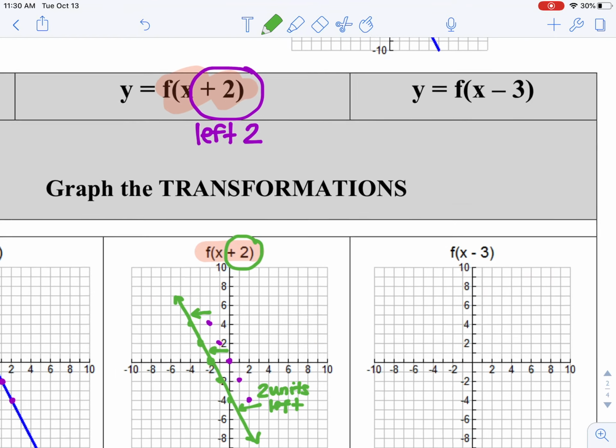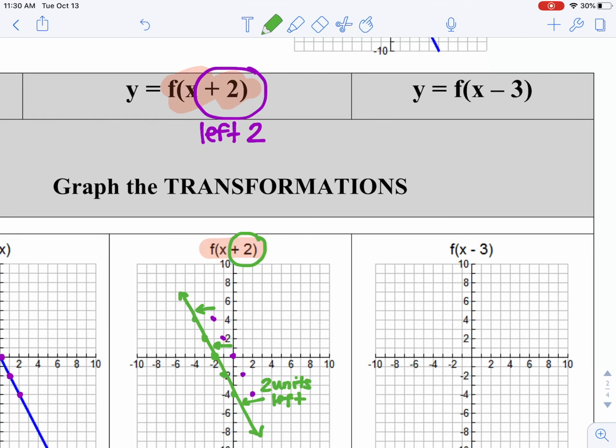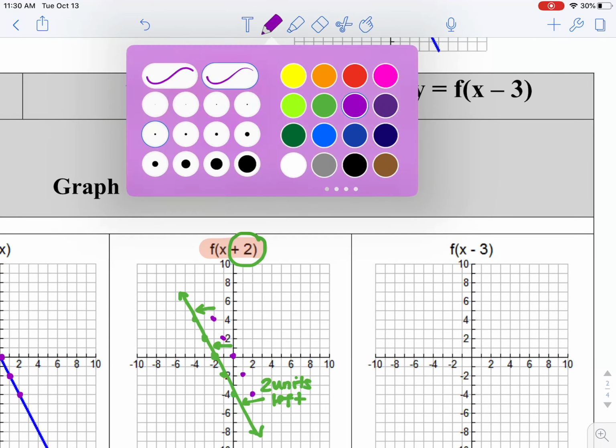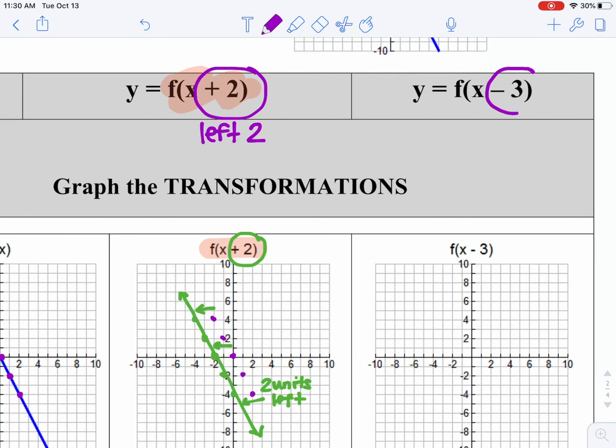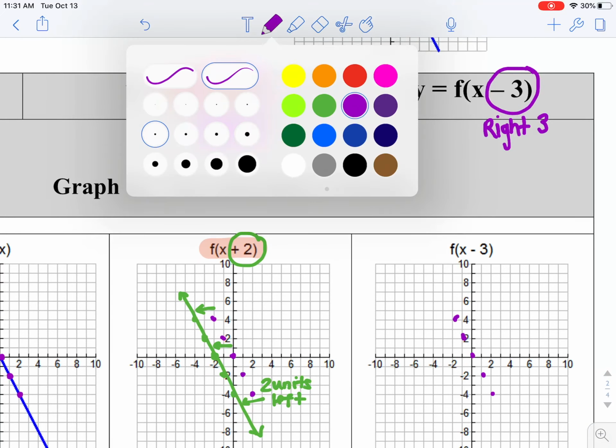The next example here then is going to be y equals f of x minus 3. So here we have minus 3, and that's going to move my graph to the right 3. So I can start with my initial points from my initial graph again, making those in purple.